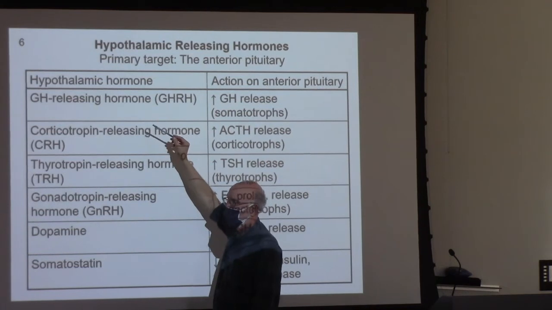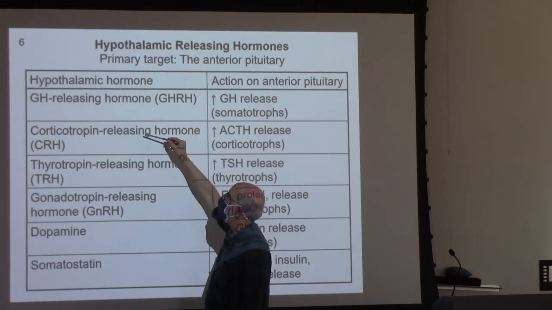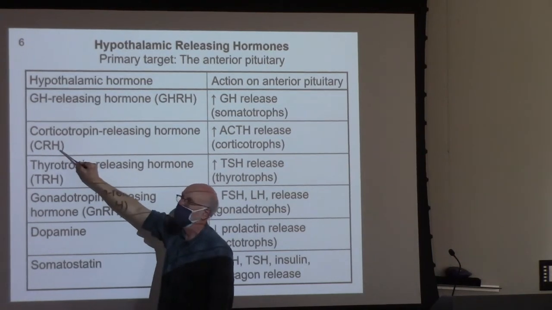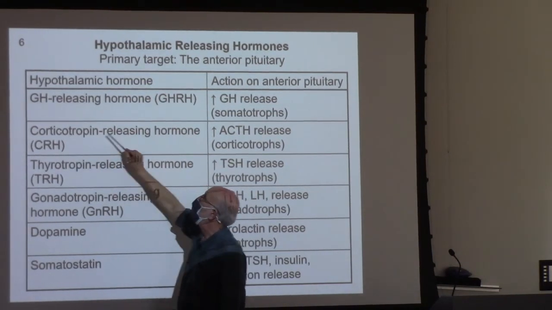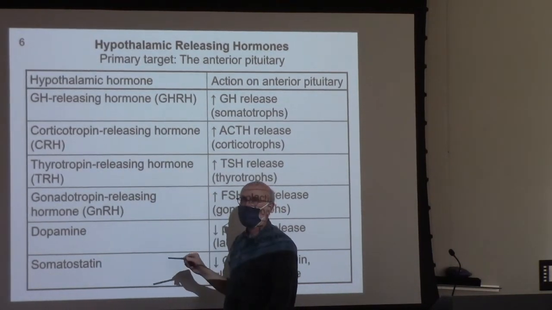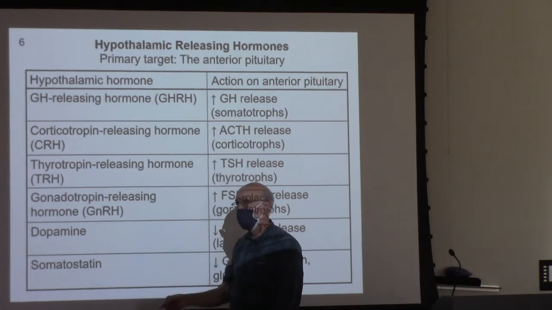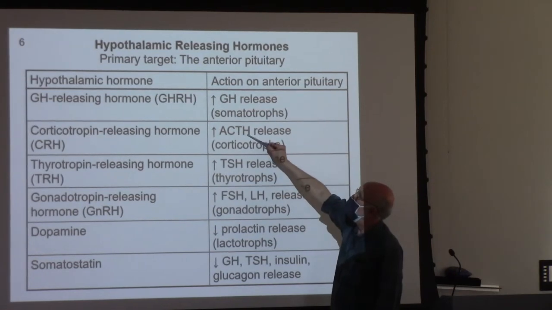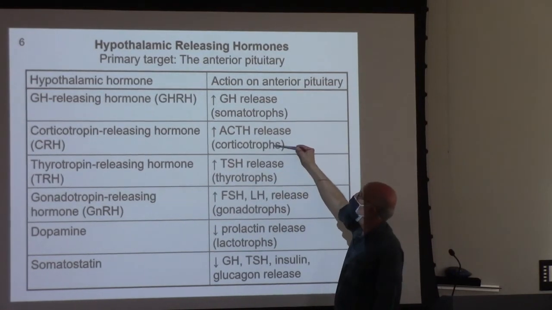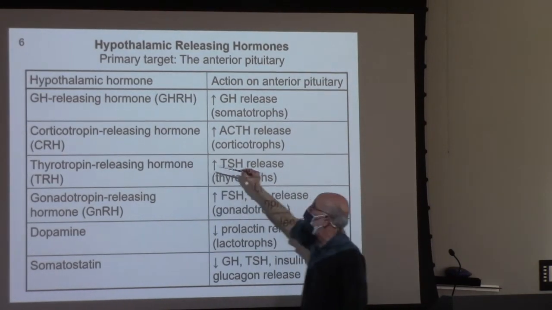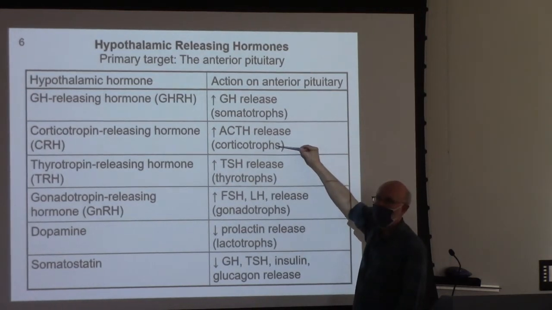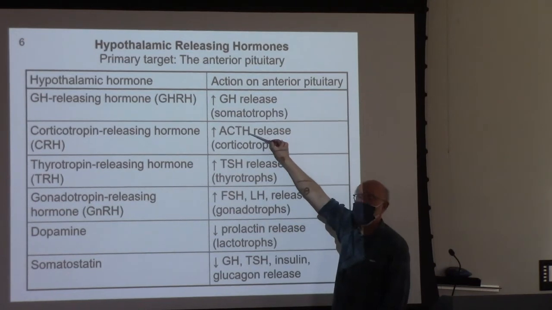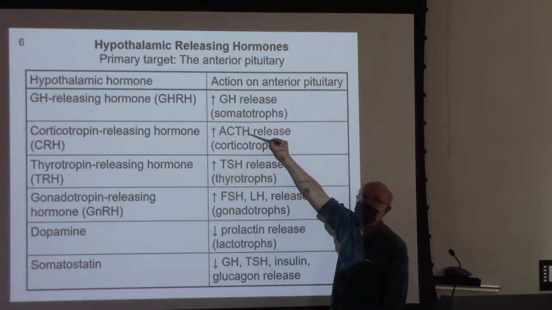Other neurosecretory cells of the hypothalamus release CRH, corticotropin releasing hormone, into the median eminence, portal circulation, and it binds to the CRH receptor on the corticotropes, stimulating them to release ACTH.